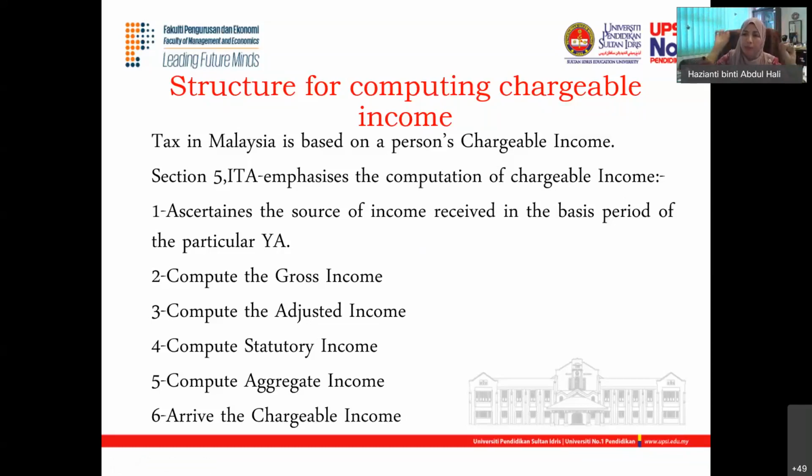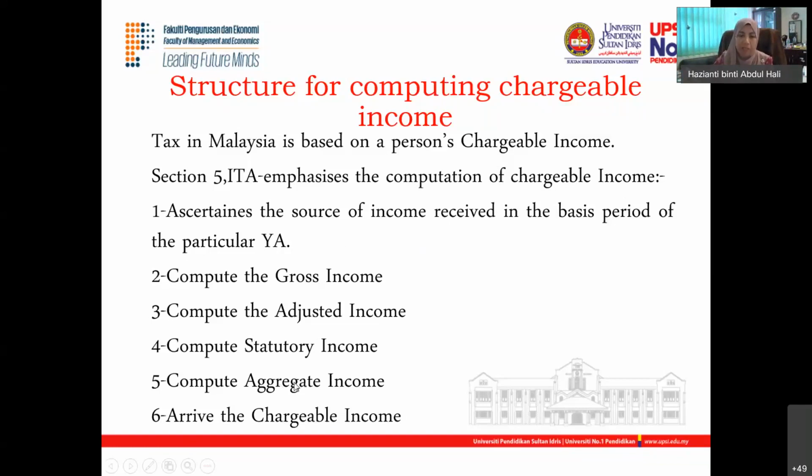So employment plus rental, that would be aggregate income. And let's say you have business income. So you have employment, rental, business income, the 3 types of income. We total up all the 3 types of income. That will give you an aggregate income, right? From different sources, when we add everything together, the different source of income, that will give us aggregate income.